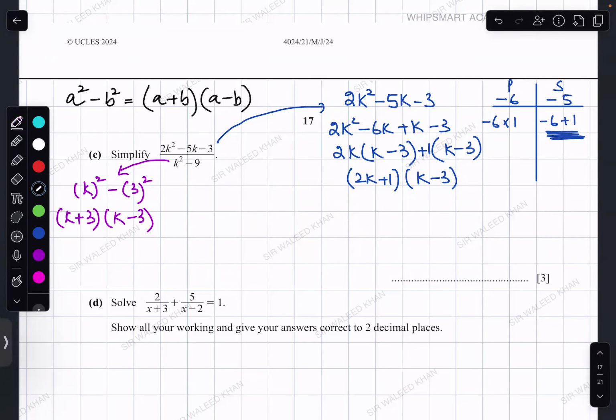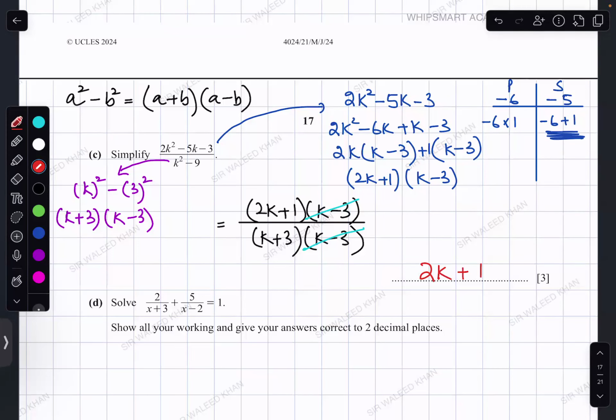When you apply the identity, it will be k plus 3 and k minus 3. So now I can put the numerator and the denominator. And see, because the terms are being multiplied and divided, I can simply cancel this out. When they are added or subtracted, you can't just cancel them out like this.